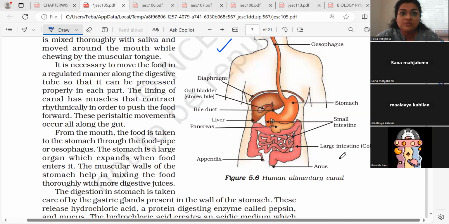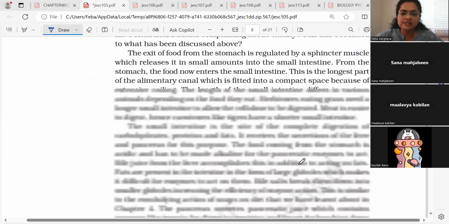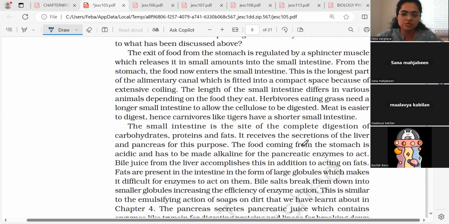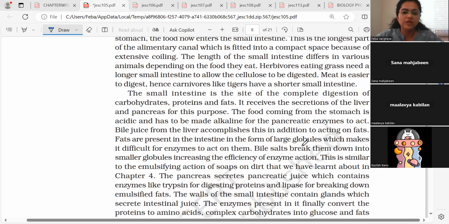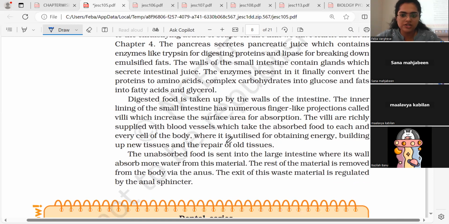They increase the surface area for absorption of food materials, and they're richly supplied with blood vessels, which help in easy transport of the food materials into the blood. That's the structure of villi. We have discussed all these parts.